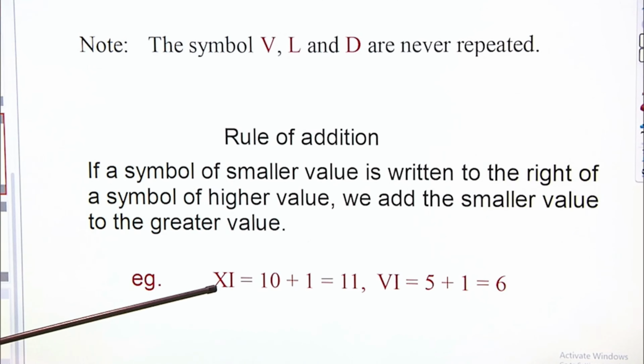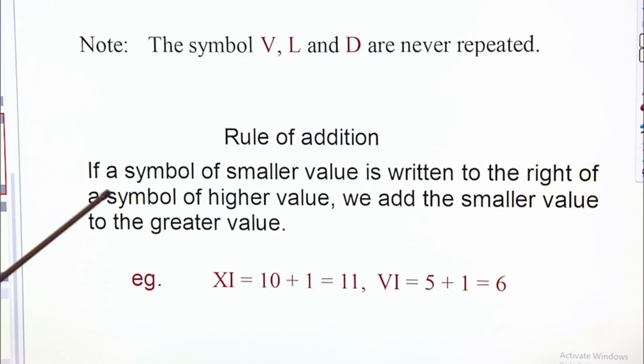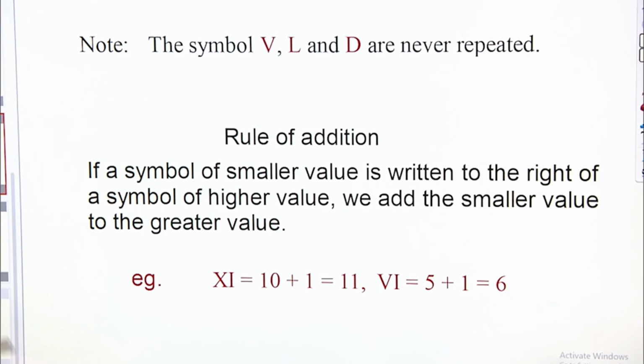We have XI. What is the value of X? Yes, I know you are saying 10. Yes, X is 10. And what is the value of I? It is 1. Look at where the I is. Is it to the left or right? I is to the right of X. So if a smaller value is written to the right of a symbol of higher value, we add the smaller value to the greater value.